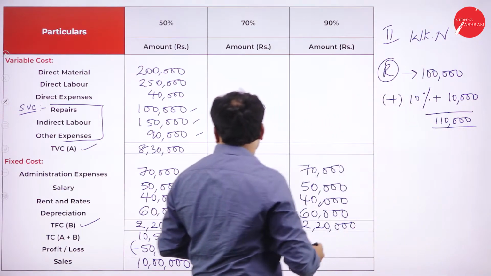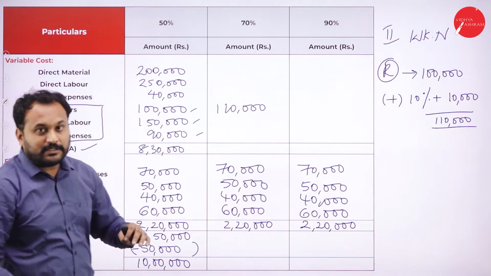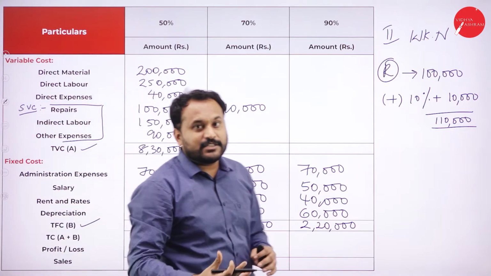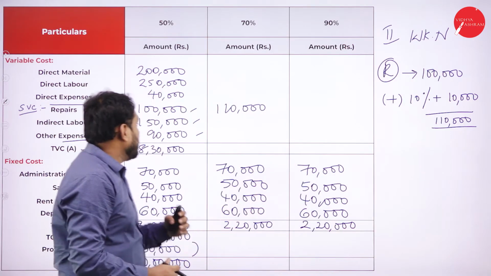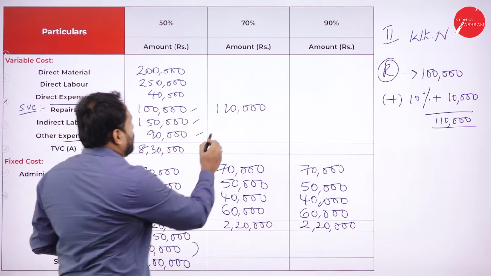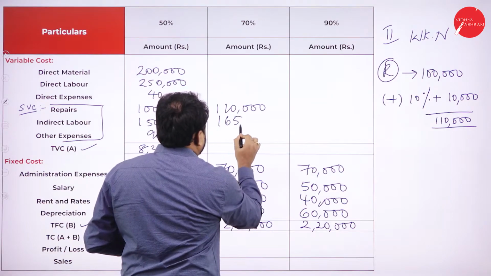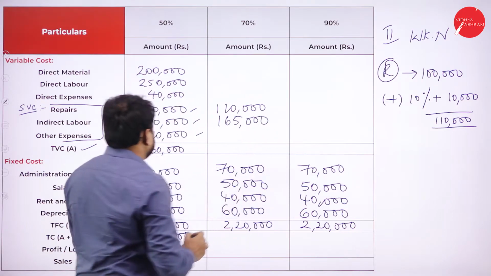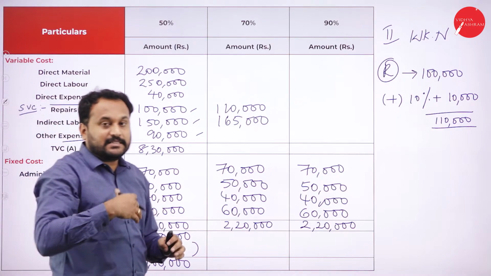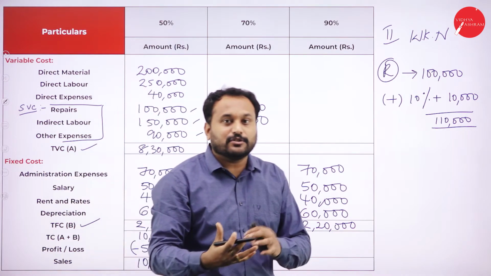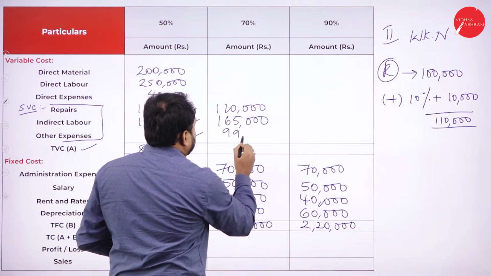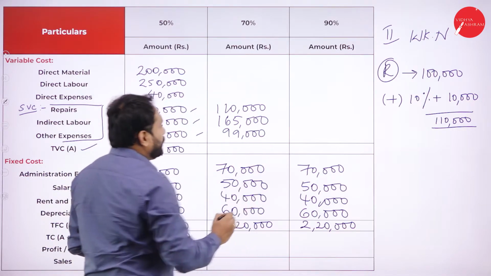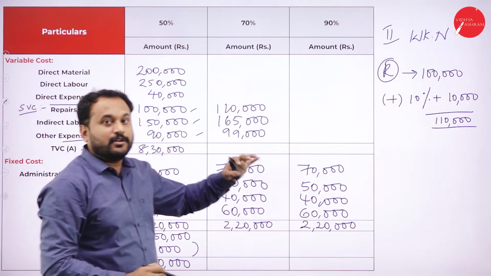The same way, 1 lakh 50,000 plus 10%, meaning 15,000, is added to it. 1 lakh 50,000 plus 15,000 is 1 lakh 65,000. Same way, 90,000 plus 10% is 9,000. So 90,000 plus 9,000 is 99,000. So we got our semi-variable also.